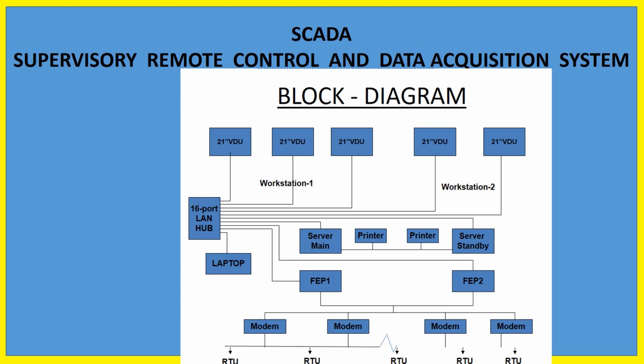So we have used the SCADA system to control all these switching posts' equipment, to monitor the posts, and to process the data received from the post and sent to the post. We are using SCADA now, but earlier it was FMVFT, frequency modulated voice frequency telegraphy.